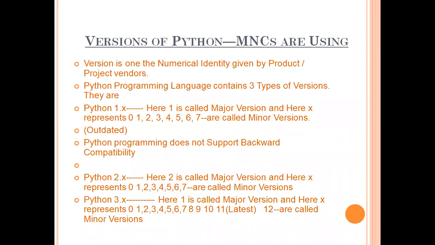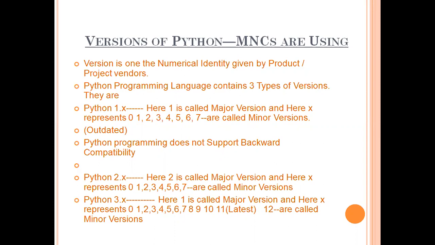Like we have 1.1, 1.2, 1.3, 1.4, 5, 6, 7, and so on. These are the minor versions after the point. But you have to remember that Python 1.x, like 1.1 or 1.2, major version 1 is expired. It is outdated now.